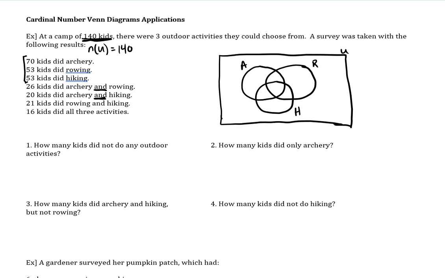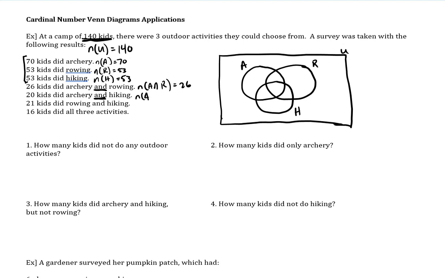So for instance, if we wanted to convert these into set notation, we could say that the number in archery is 70, the number in rowing, and the number in hiking is also 53. If we wanted to convert these, the number in archery and rowing would be 26.